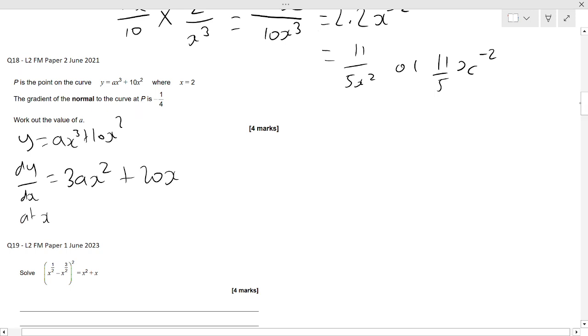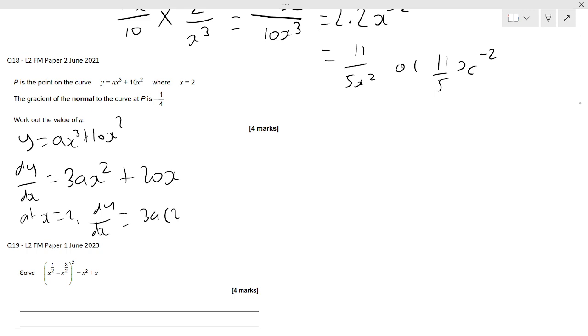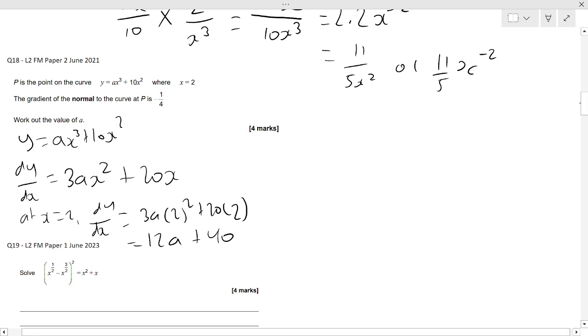So at x is 2, dy dx is going to be 3a lots of 2 squared, plus 20 times 2. So 2 squared is 4, and 4 times 3 is 12a, and then 20 times 2 is 40. Okay, cool. So that's the gradient at x is 2, obviously with an a, but that's just a number, right?